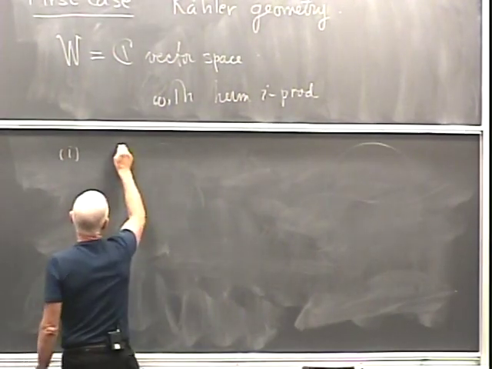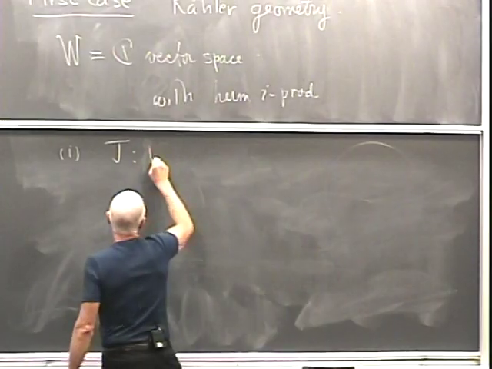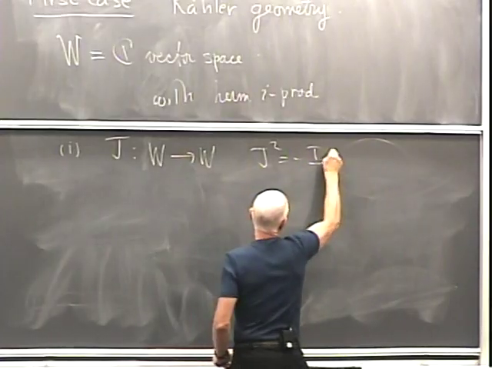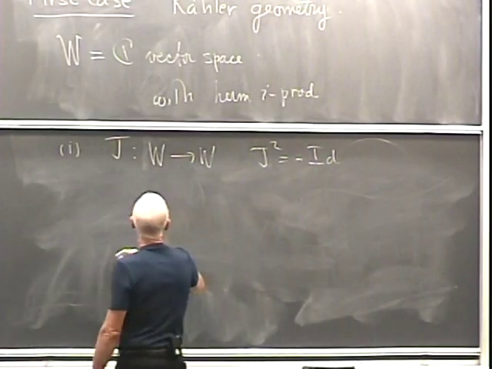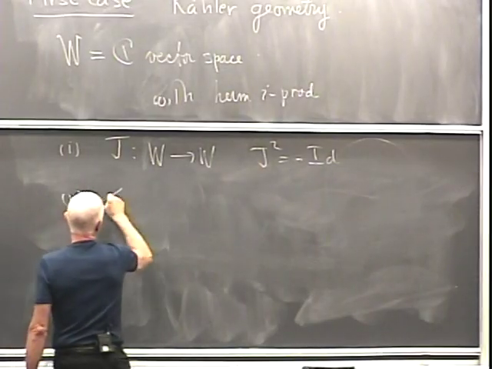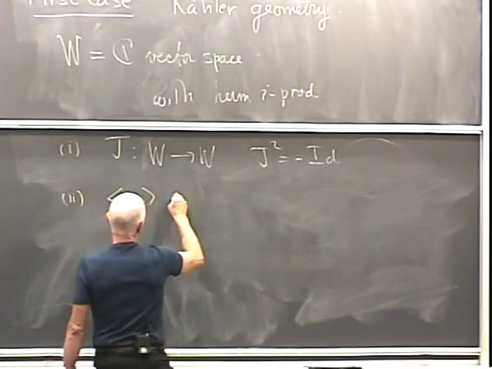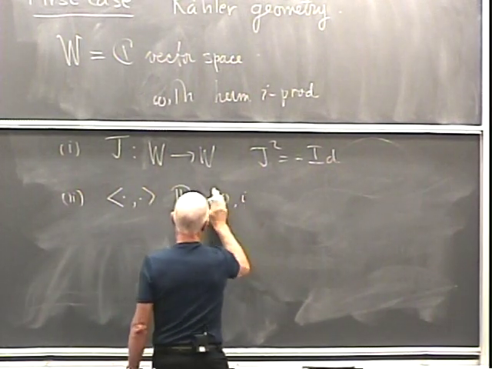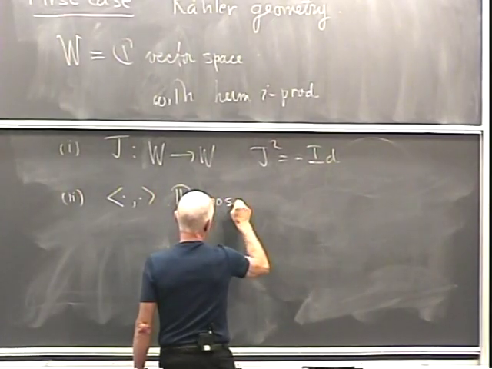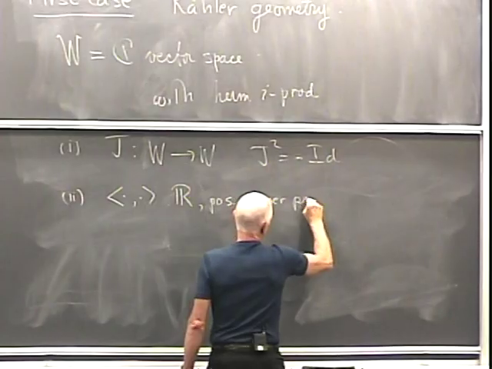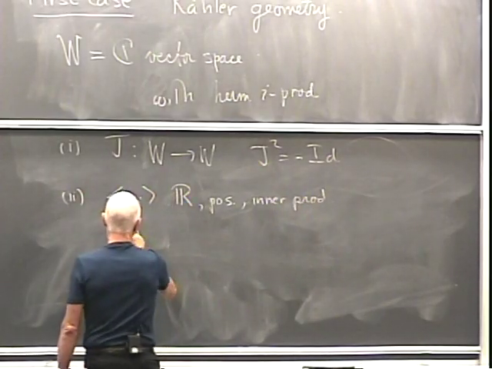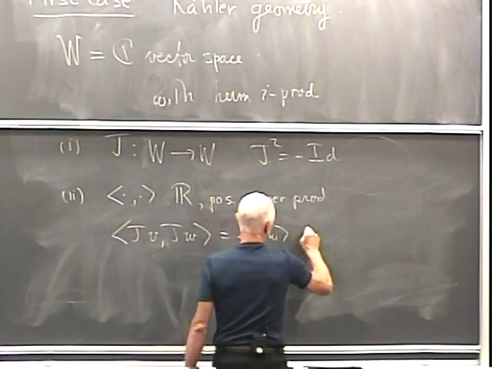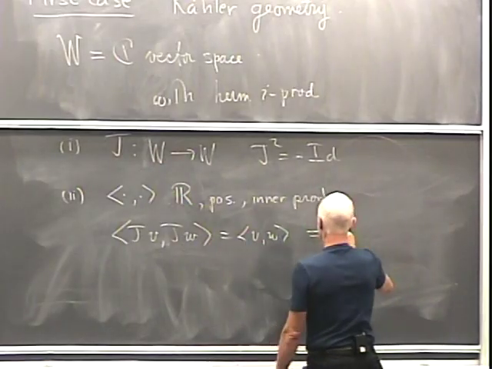So I have this almost complex structure J that maps W into W. This is a real linear transformation whose square is minus the identity. And I have a real, positive definite inner product, which has this compatibility property that JV inner product JW is equal to V inner product W. J is orthogonal for this inner product.